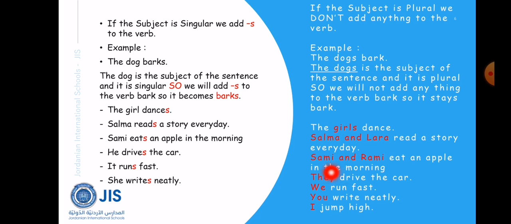No, because we is plural. Run cannot take an S, so it stays. We cannot say, teacher, we runs, because the subject in this sentence is plural. Perfect, class. Let's look at the next sentence.